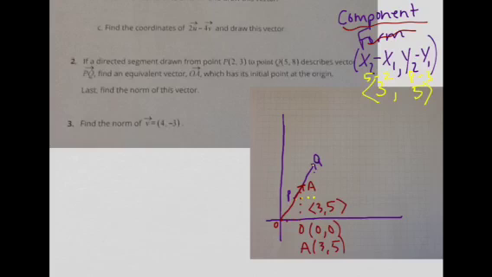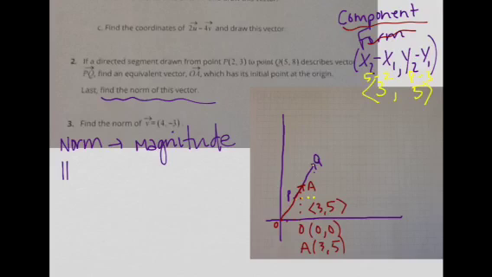Now the other part of this is finding the norm of a vector. Okay, what the norm is is the magnitude of a vector. And there's some notation you need to know here. So it says find the norm of this vector. So we're finding the norm of vector OA. This is how you write it. That's the notation.